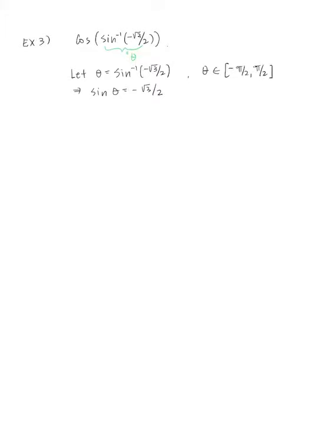Now sine is negative. In which quadrant? Let me draw the quadrants again. Okay, let's figure it out. Sine of theta is negative in quadrant 3 and 4. But theta must be between negative pi over 2 and pi over 2.